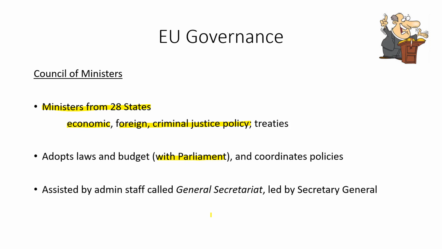So elections gradually started to occur, and then an elected part of the EU was the Parliament. We'll get to that in a minute. But they coordinate the policies with that other group, and they have an administrative staff called the General Secretariat, which is led by a Secretary General.